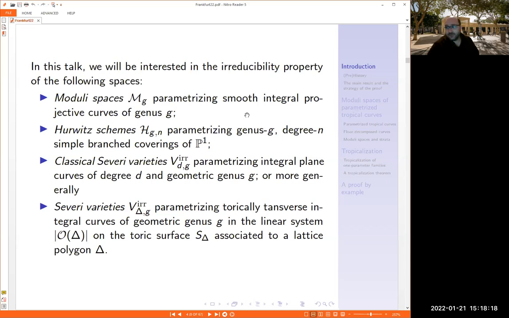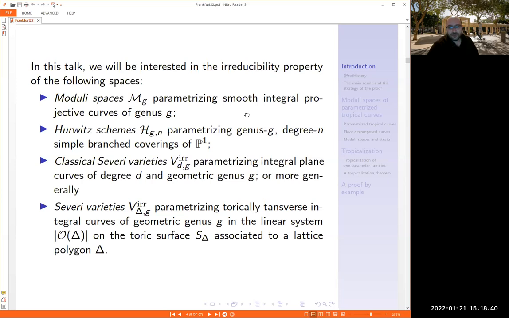Again, you have some prescribed arithmetic genus for a given linear system, but you want to fix some number that is smaller than the arithmetic genus, and consider the irreducible, reduced curves in this linear system of this geometric genus.